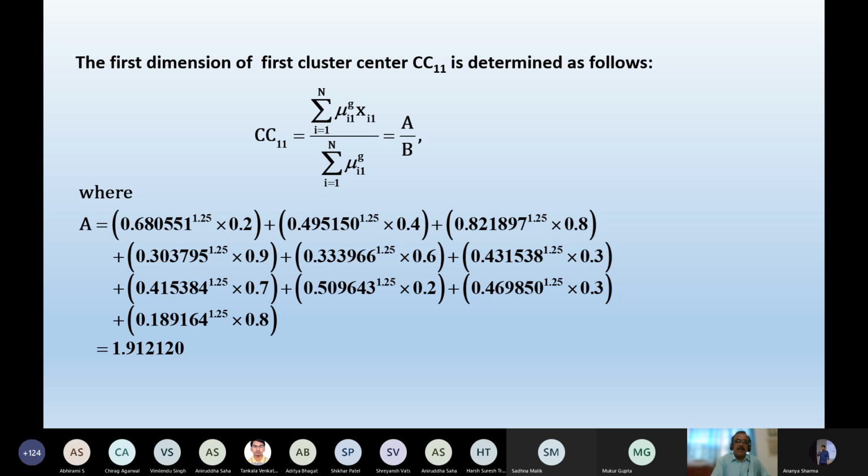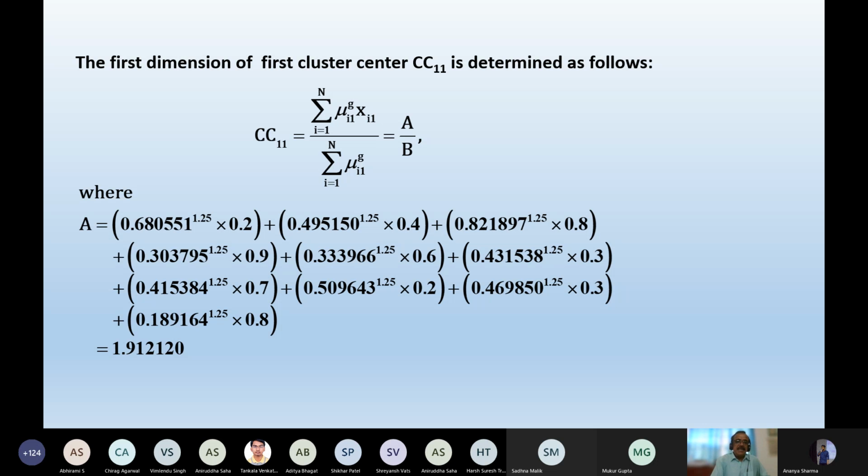That is CC11, which is nothing but summation I equals 1 to n of mu I1 raised to the power G times xi1, divided by summation I equals 1 to n of mu I1 raised to the power G. Suppose that this is nothing but A divided by B.